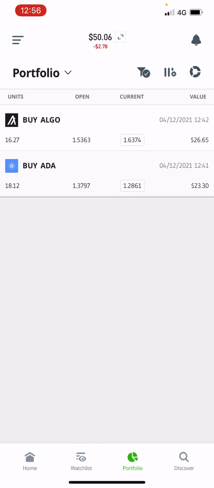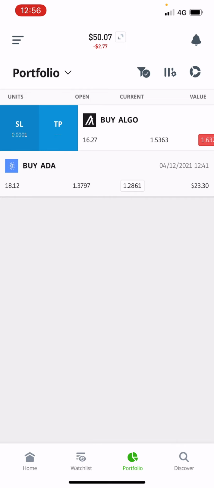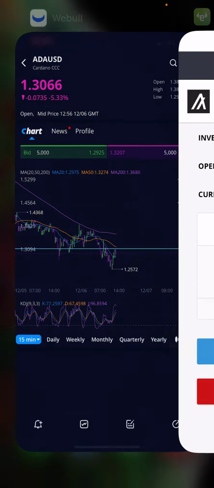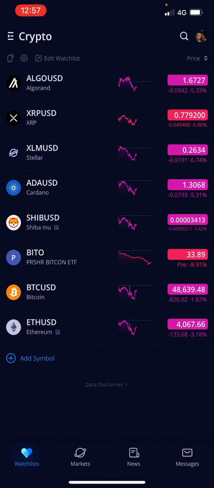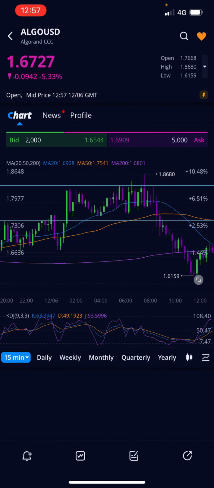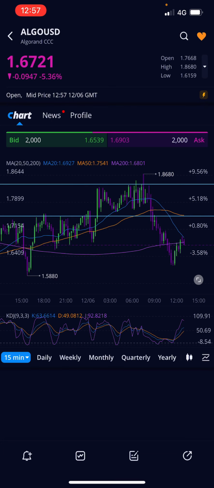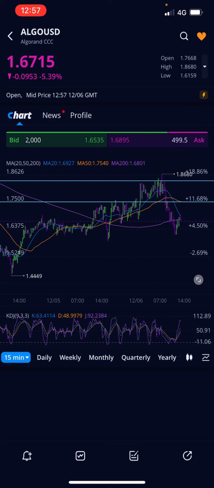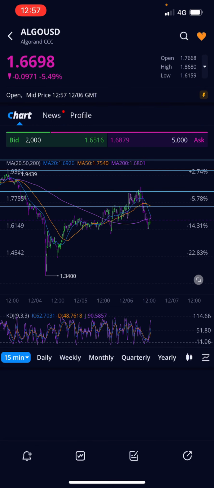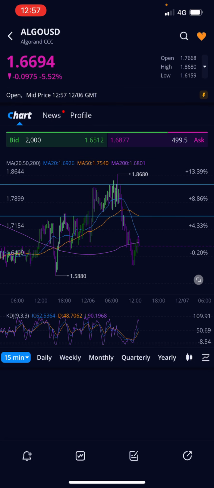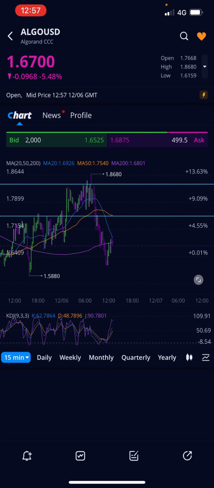Then I'll go next to Algo again, swipe it, TP, and if I go to Algo this time on Webull, we can see that Algo dropped below its support line. Because Algo is pretty new, I haven't drawn a support line below, so only these lines currently. As you can see, the blue one's going horizontally.